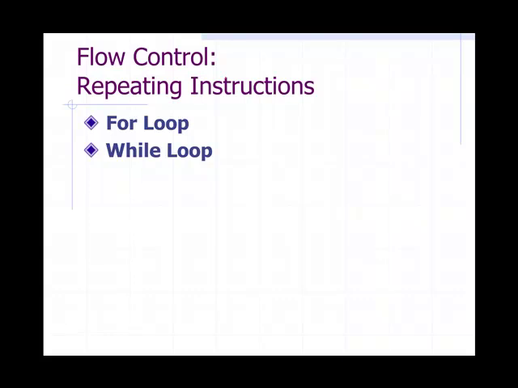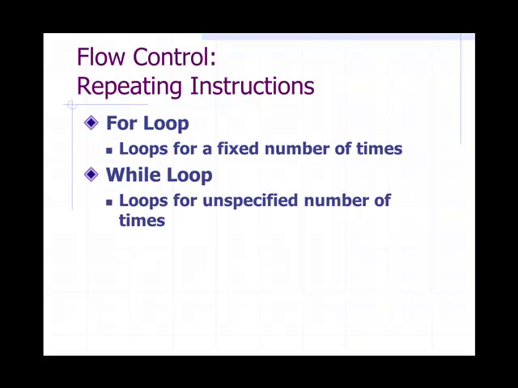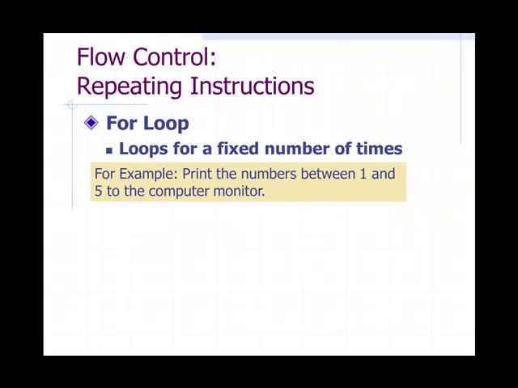So let's look at repeating instructions. For loops and while loops are two ways we repeat instructions. A for loop loops for a fixed number of times. The while loop loops for an unspecified number of times. For example, print the numbers between 1 and 5 to a computer monitor using a for loop. So here's the code.